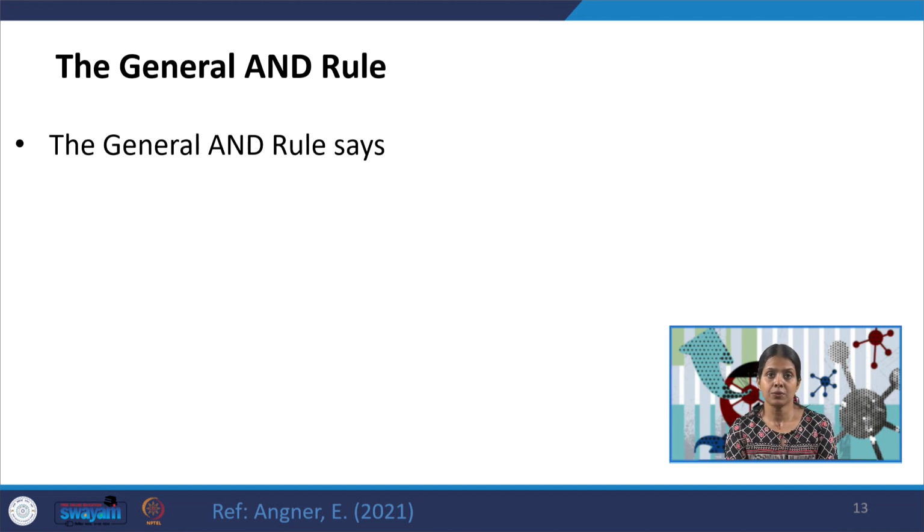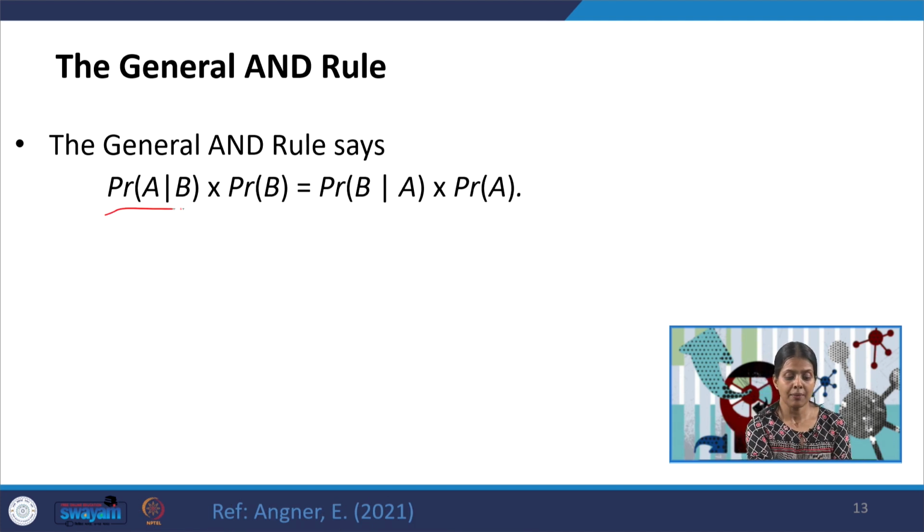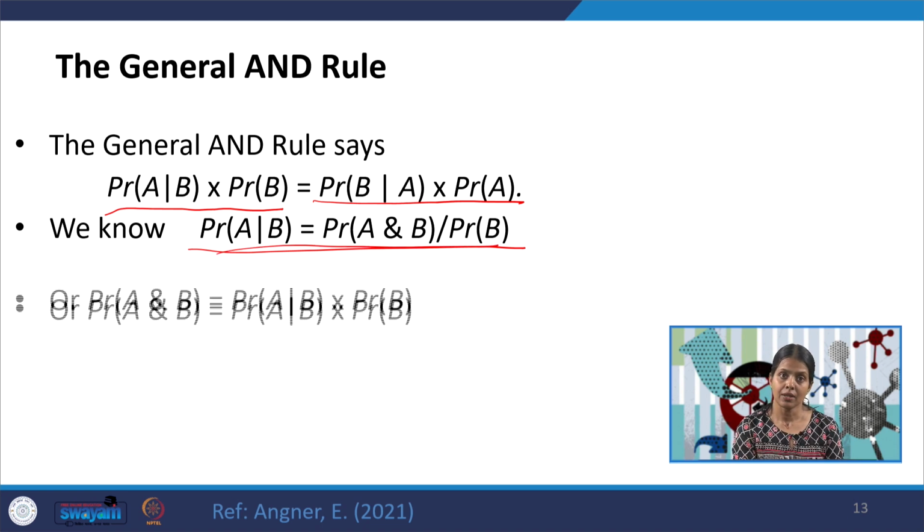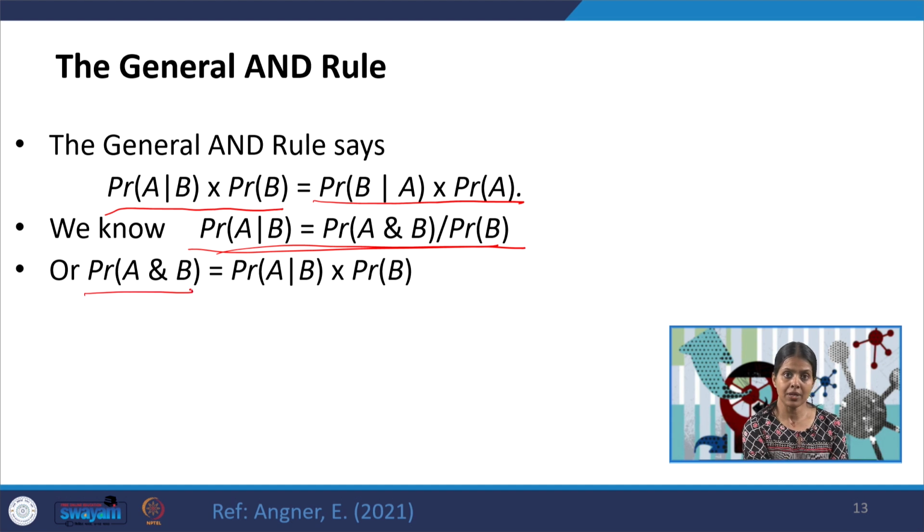Now, we talk about the general AND rule. The general AND rule says probability of A given B multiplied by probability of B is equal to probability of B given A multiplied by probability A. This is very simple to prove because we already know this from the previous slide. This is basically the conditional probability formula that we just learned. Now, probability A and B is equal to probability A given B multiplied by probability B, which is simply taking this to the other side.